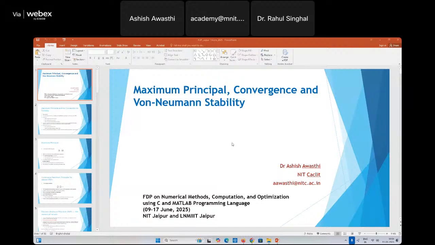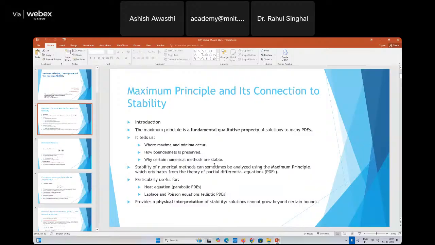Before going to the stability, there are various ways to ensure stability. Again, I will just recall what stability is.